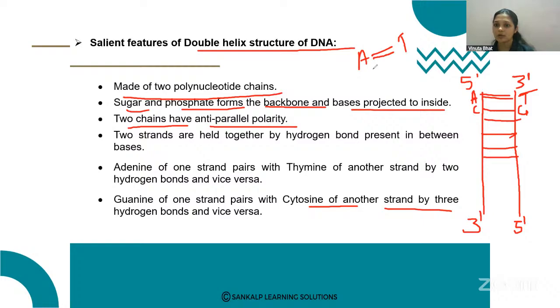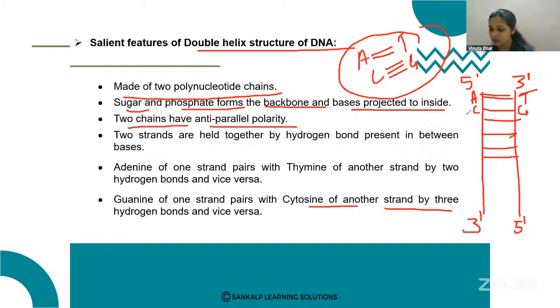This is very important: how many hydrogen bonds are present between the nitrogen bases? These are the salient features of the double helix model of DNA made up of two strands.